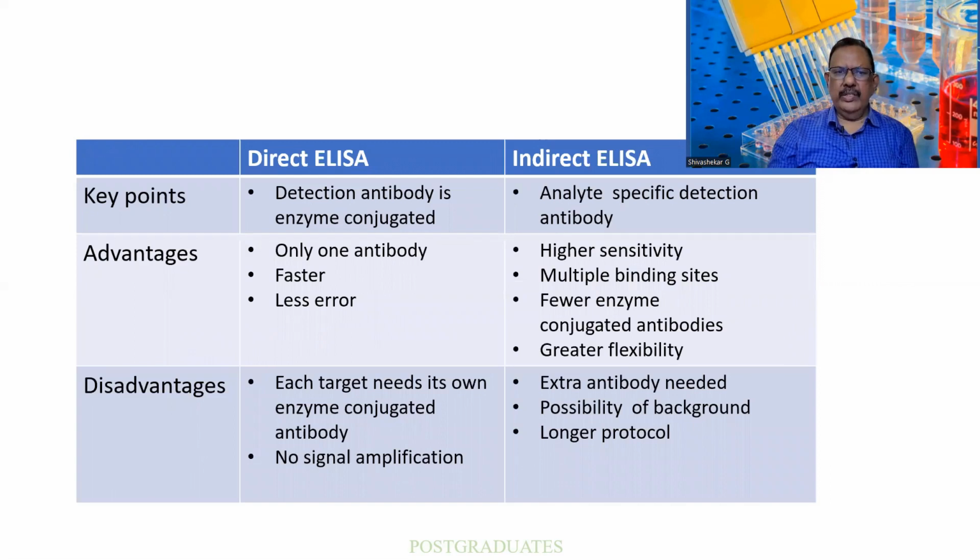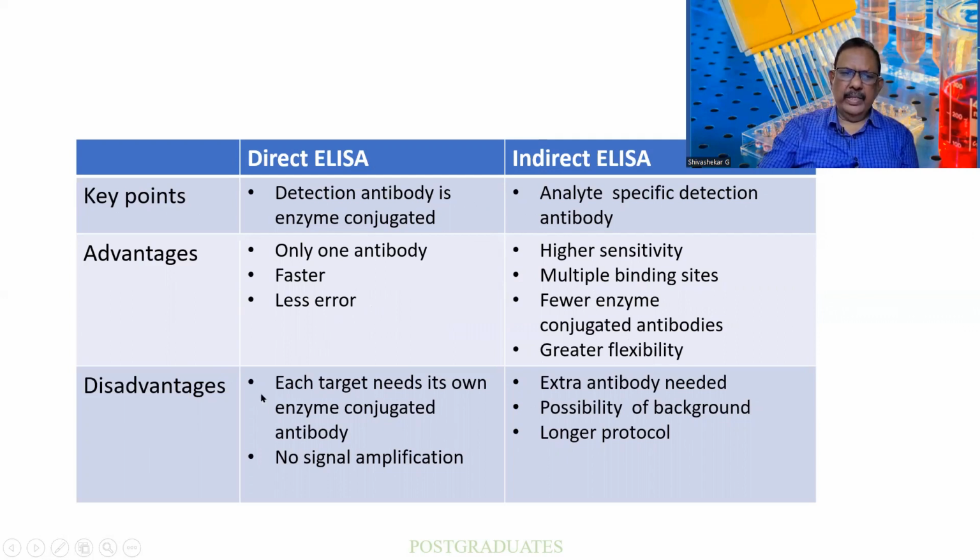There are two methods of this, direct ELISA and indirect ELISA. The key points are this. In the direct, the antibody is enzyme conjugated, whereas in the indirect the antigen is being detected by means of the antibody. Advantages of direct: there is only one antibody, it is faster, less error. Indirect: multiple binding sites, higher sensitivity, fewer enzyme conjugates, and a greater amount of flexibility.